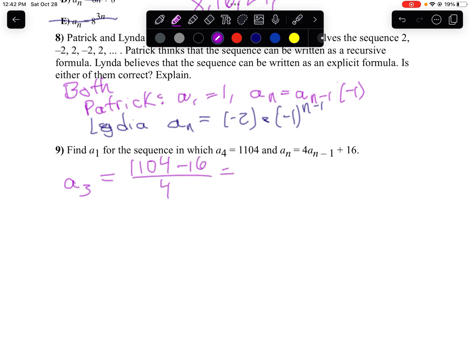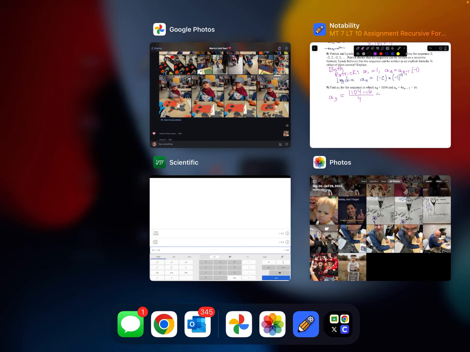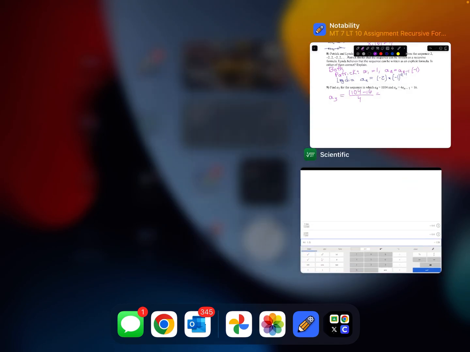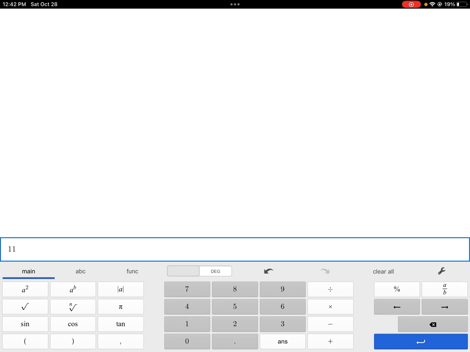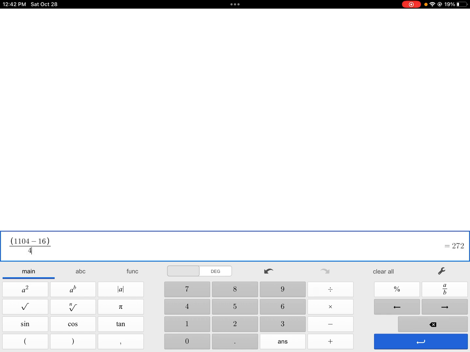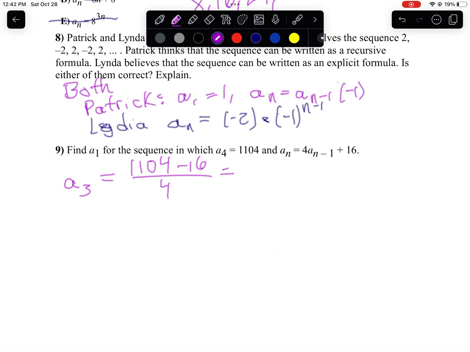That will give me the third term. So let's go ahead and do that. I got other things open, so here we go. So I take 1104 minus 16, and I'll take that whole thing and I'll divide it by 4. And you get 272 for the third term.